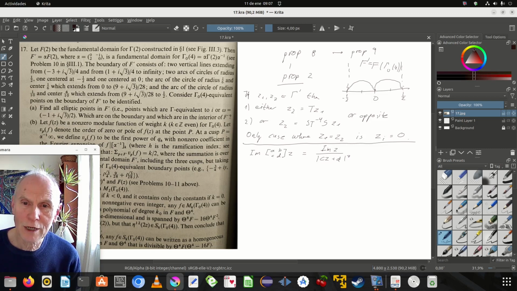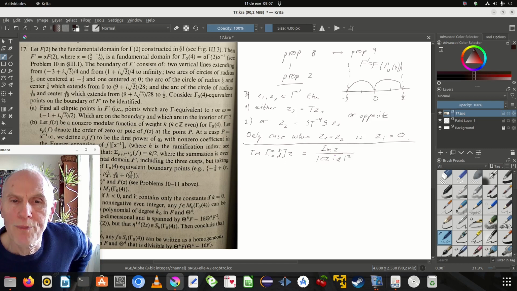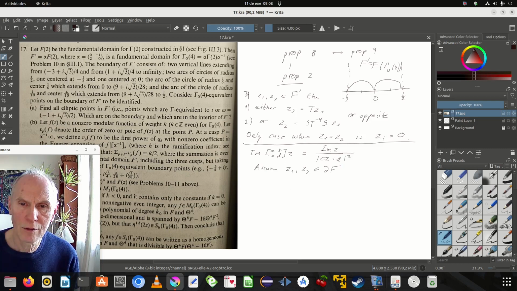That's obvious now I see it, because it's az plus b divided by the interior here, and then we multiplied by this one conjugated. Yeah. We're of course only interested in points on the boundary.